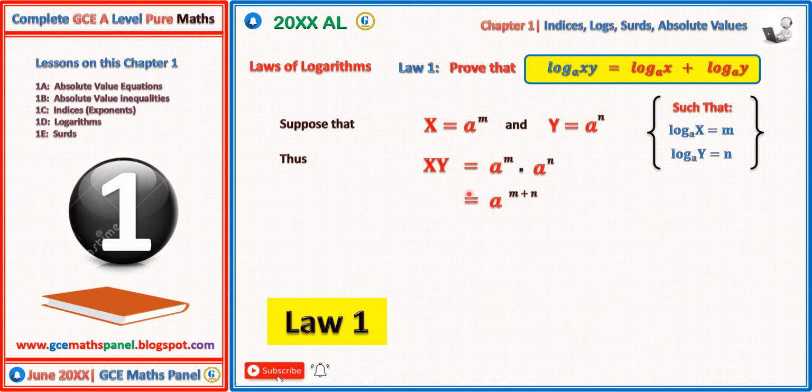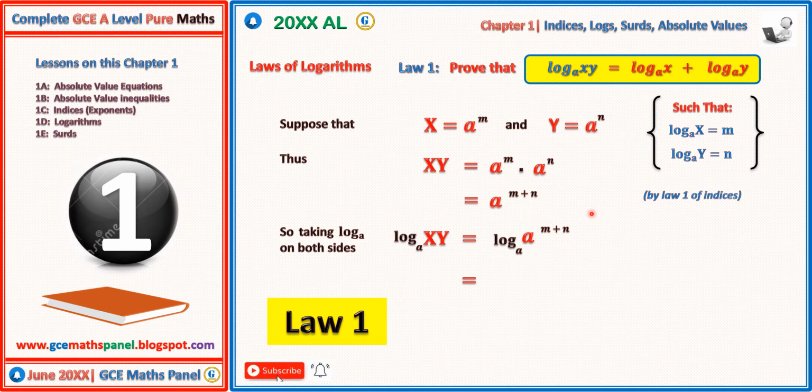We can take log base a on both sides, and we will have log xy base a is equal to log a to the power m plus n base a. From the third law of logarithms, we can bring the power in front. So this will give us m plus n times log a base a.